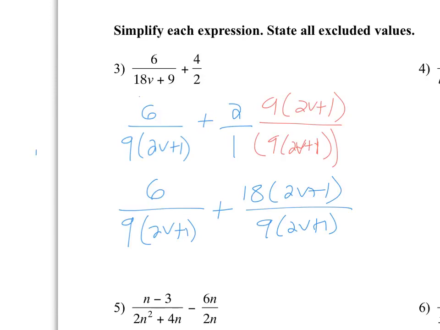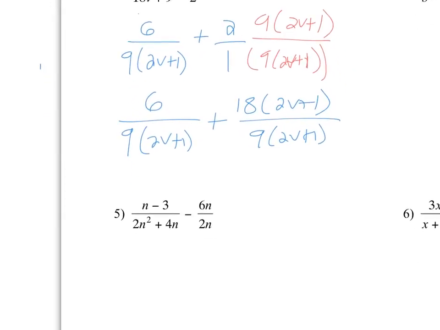Let's do this. So all of this is going to be over 9 times 2v plus 1. And then I'm going to do 18 times 2v, which is 36v, and 18 times 1, which is 18. And then I also have the 6 plus that stuff.